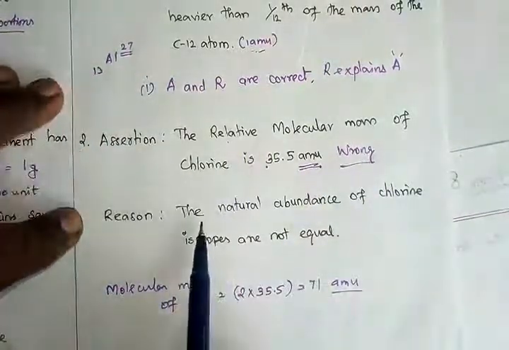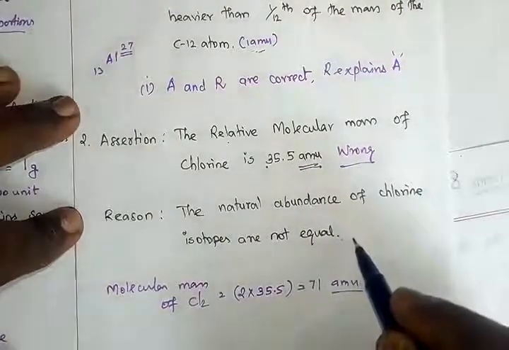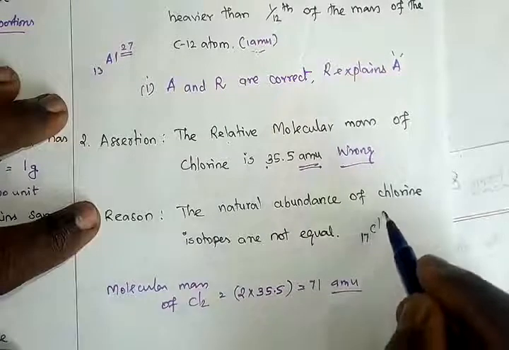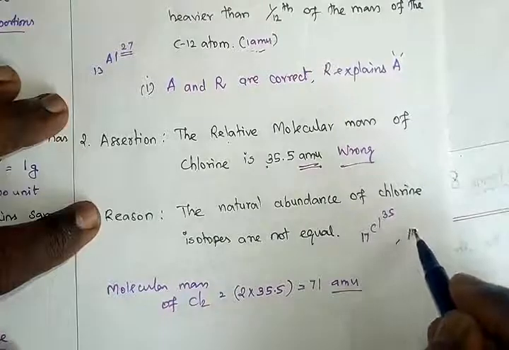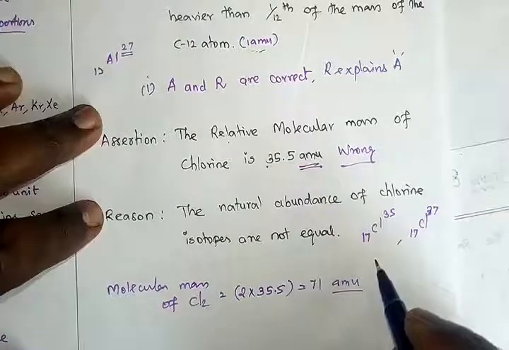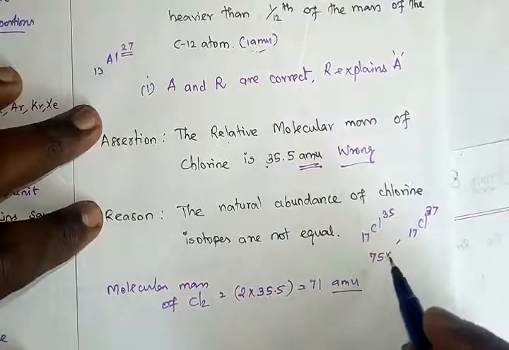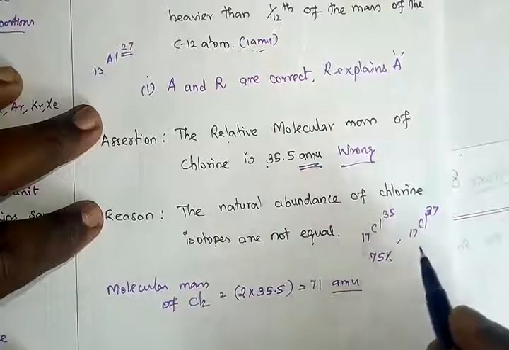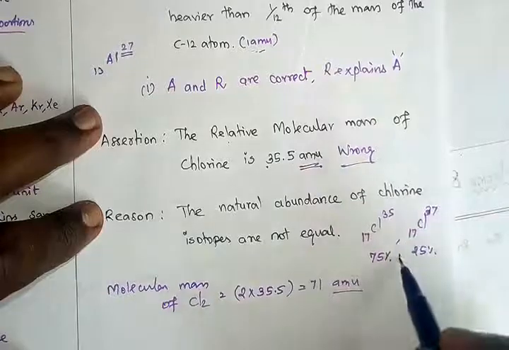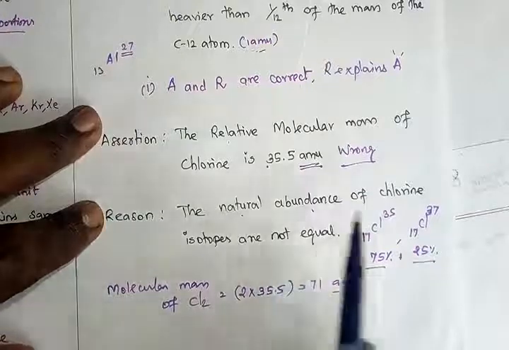The reason: the natural abundance of chlorine isotopes is not equal. Let me check the natural abundance. We will see 17 chlorine 35 and 17 chlorine 37. In nature, out of every 100 chlorine atoms, 75 percent have the mass of 35, and the remaining 25 percent have the mass of 37. So they are different, not equal.